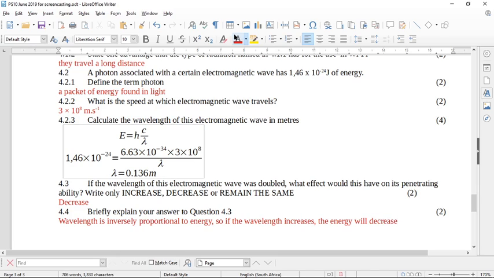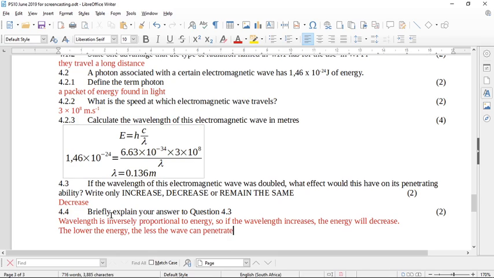And then you can also say, the lower the energy, the less the wave can penetrate. Because remember, it said to you right at the beginning, what effect would this have on its penetrating ability? So we want to talk about the energy and the penetrating ability.